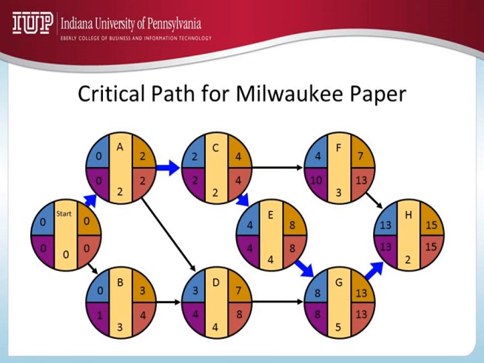There is some flexibility for B and D, just one week. But is there any flexibility for A, C, E, G, and H? Absolutely nothing. That is why these are the critical activities, and you always find in a project that there is a set of critical activities which form a critical path.